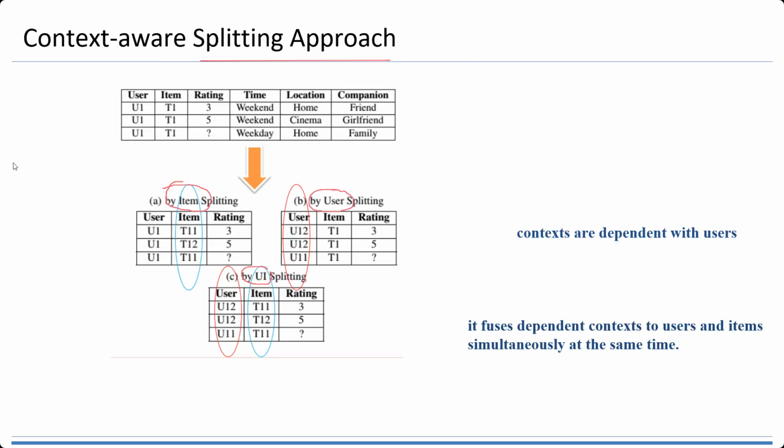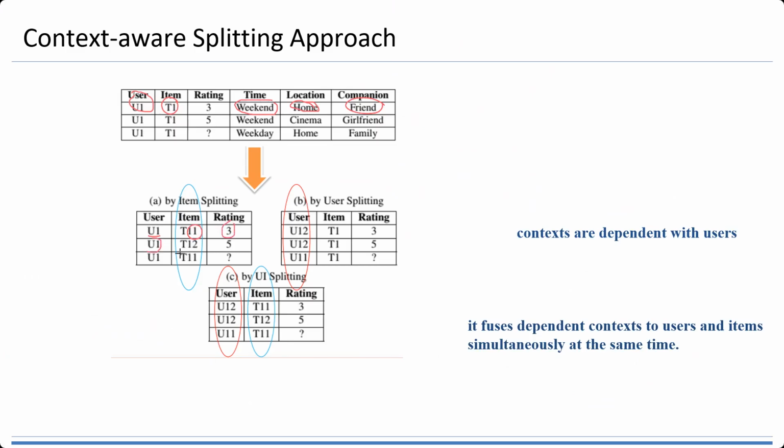Let's see, if I want to split by the item, user 1 with the item T1 bought the item on the weekend at home and with his friend. I can mention user 1 with T11, maybe this is about the time on the weekend. Then the rating is 3.